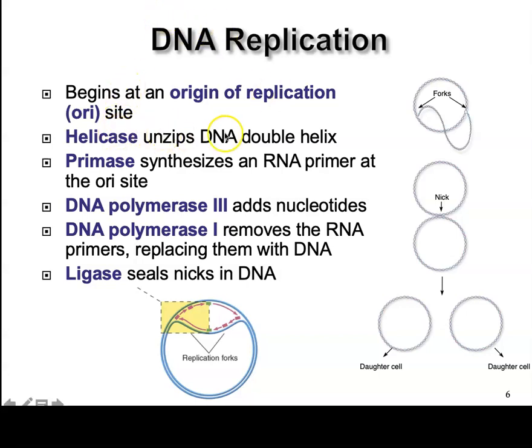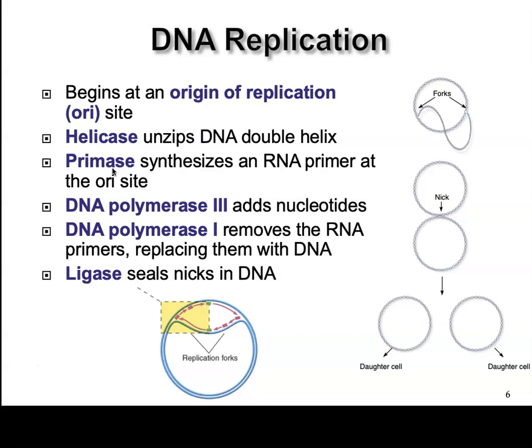Helicase is what's going to open the DNA up. We're going to look at the structure of DNA, but helicase is the one that opens it so that replication can get started. Primase is an enzyme that is going to make a little temporary RNA primer.